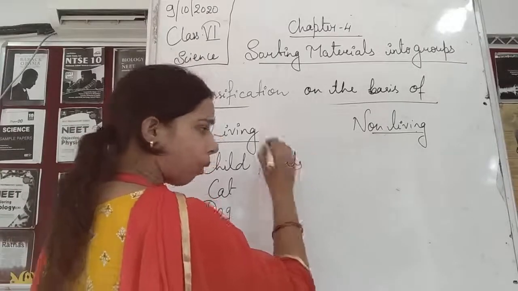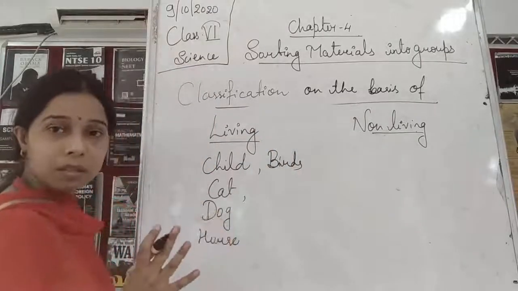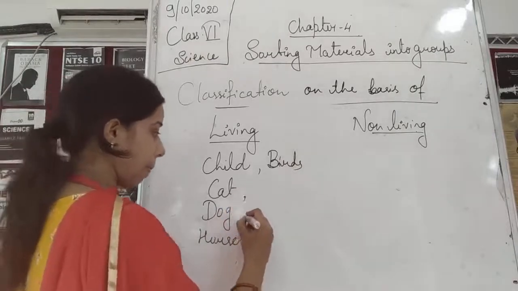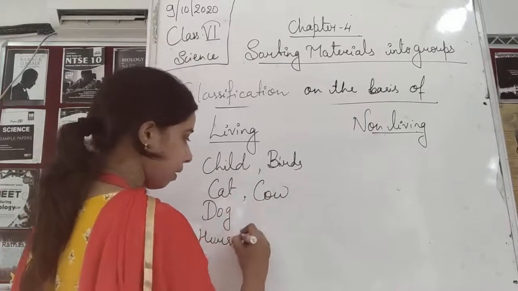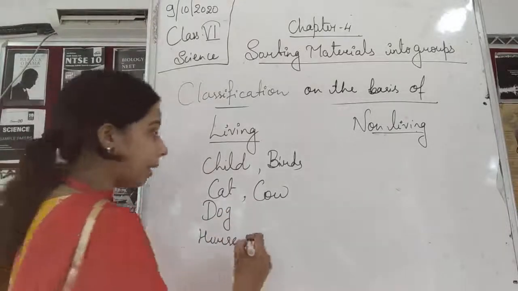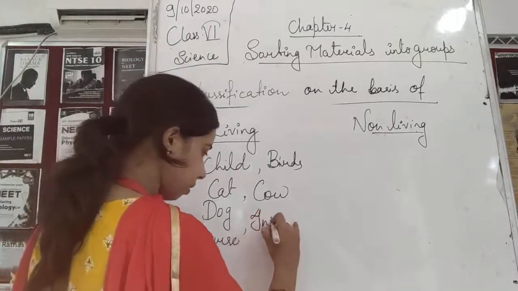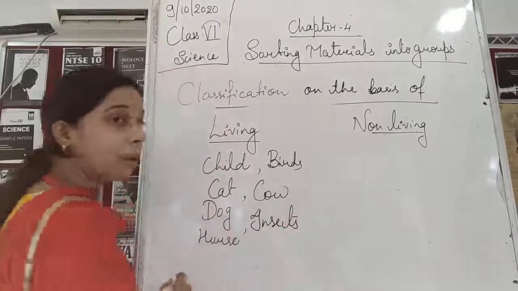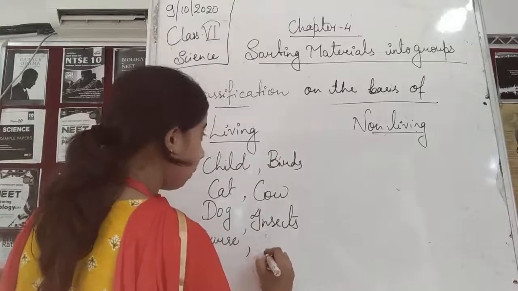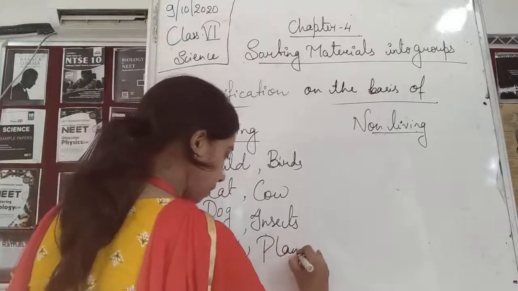Birds will include all the different kinds of birds. Or cow is there, okay. So different kinds of animals, even insects are also there, students. So these come under living organisms, as well as, very important, plants.